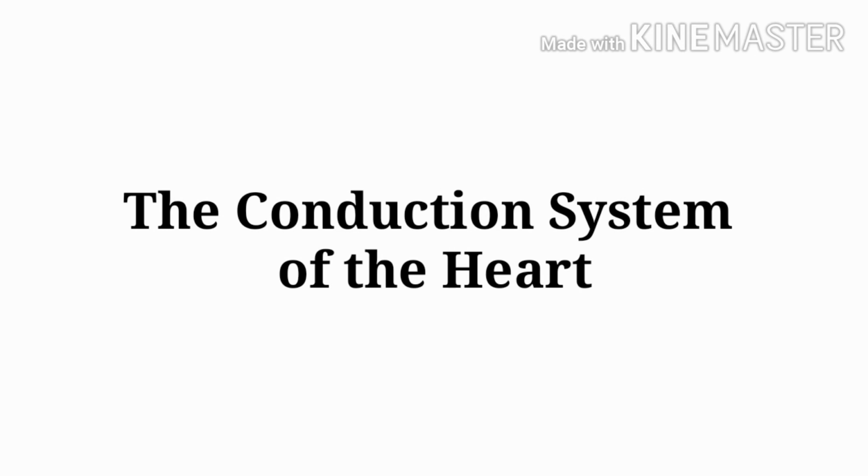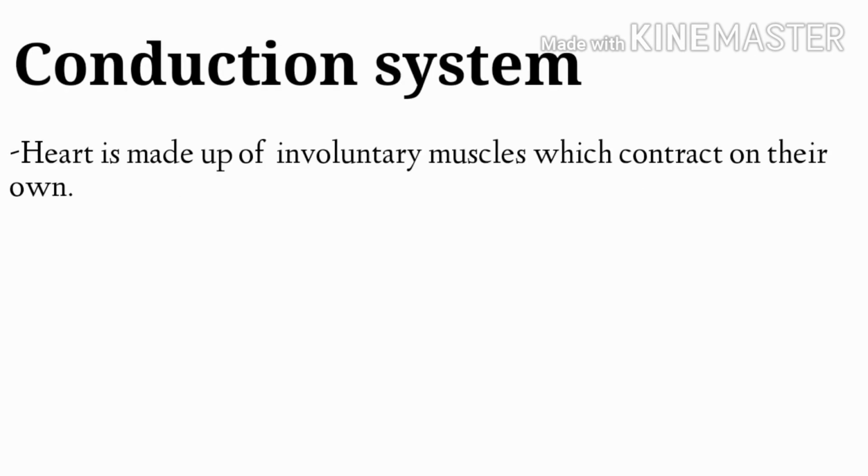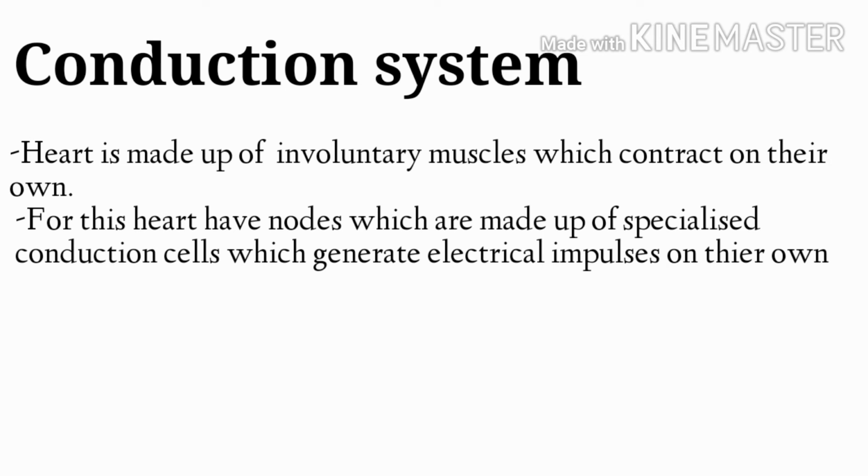Now let us discuss the conduction system of the heart. The heart is made up of involuntary muscles which contract on their own. To contract on their own, the heart has nodes made up of specialized conduction cells that generate electrical impulses of their own.